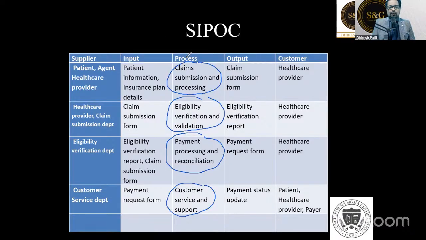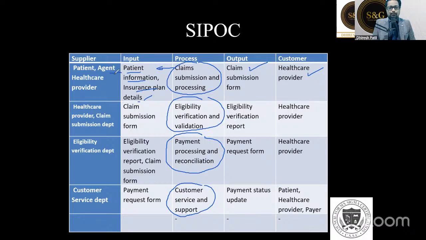And then for each process step, what are the inputs? For example, for claim submission, the patient information and the insurance plan details are the inputs to processing the claim submission. The output of this process is the claim submission form, which goes to the healthcare provider. The healthcare provider is a company which is the internal customer of this process step.